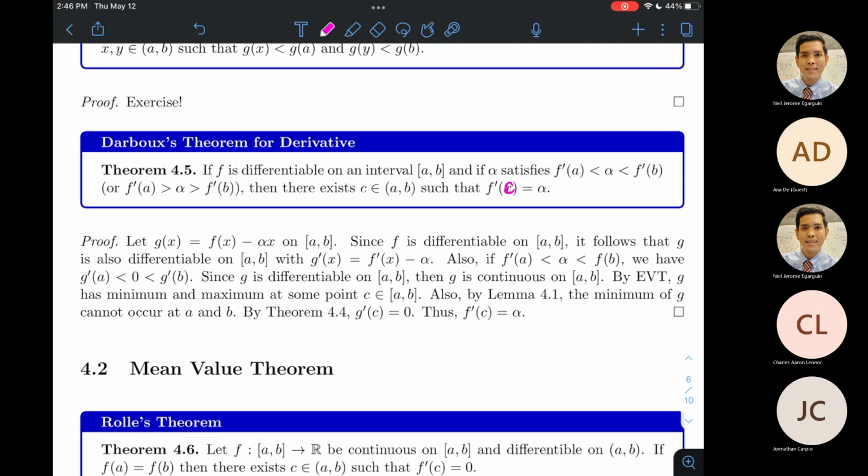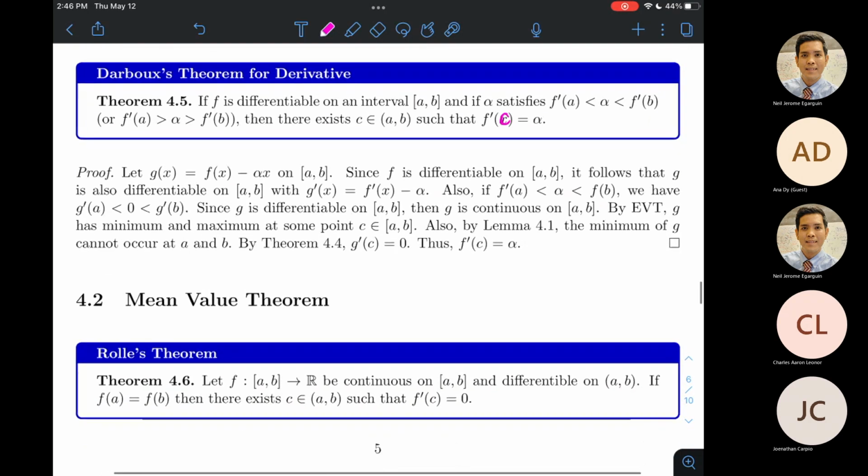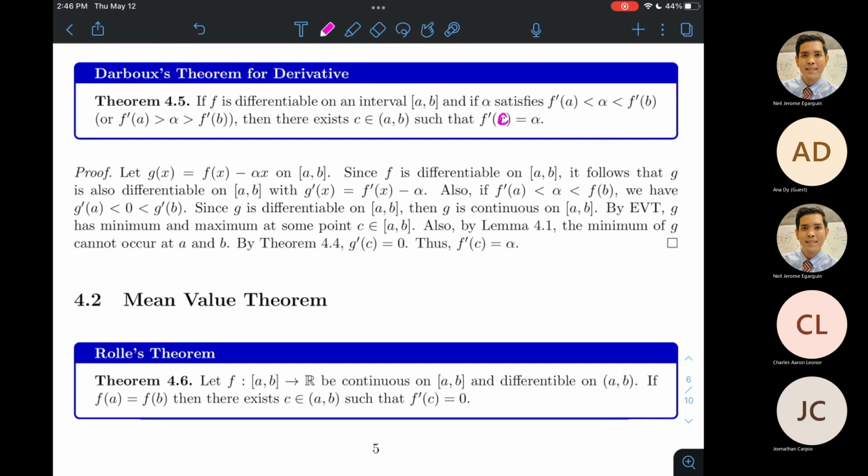Okay. So now let's look at the proof of Darboux's theorem. So ito yung makita na naman natin dito sa Darboux's theorem or sa proof niya, yung isang common theme sa mga proof sa analysis. Kadalasan kailangan nating magsimula with a specifically crafted function or object kung saan pwede nating i-apply yung mga iba't ibang theorems. Okay?